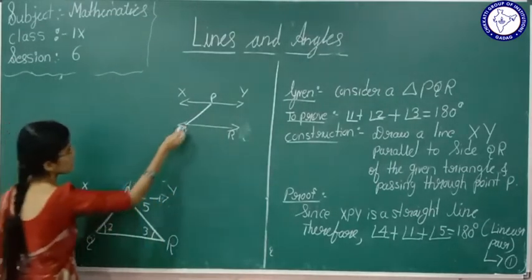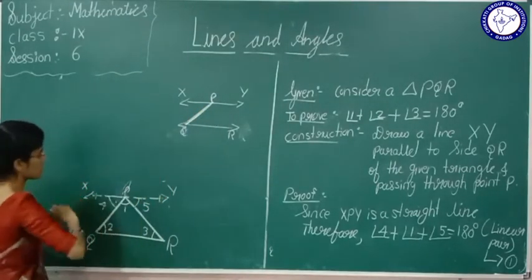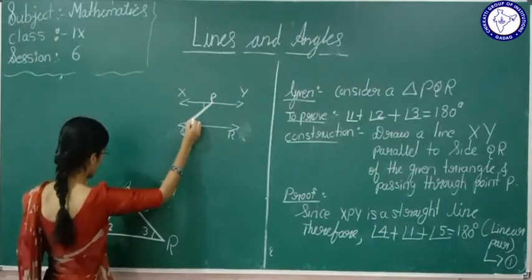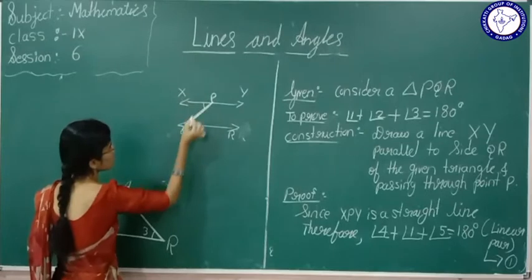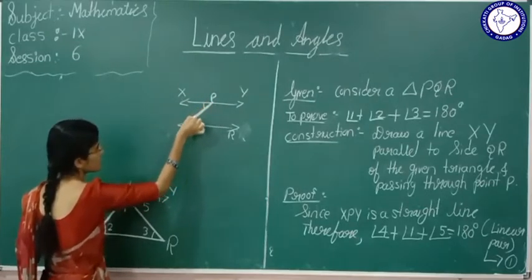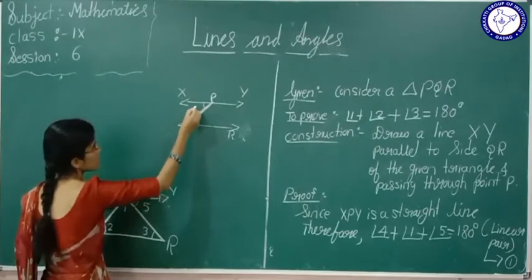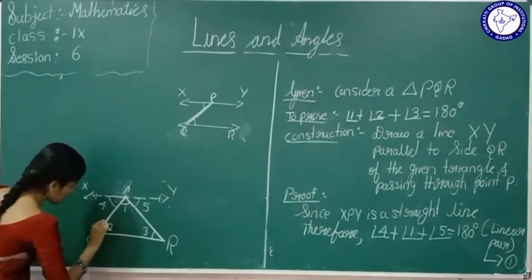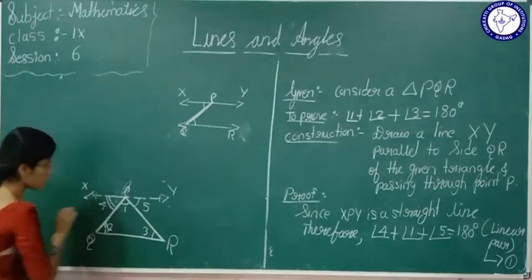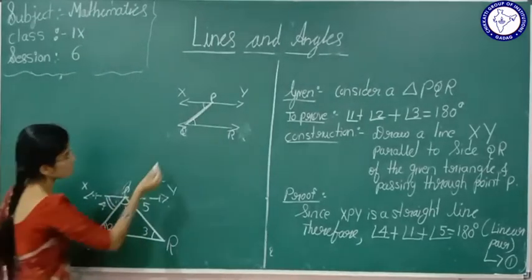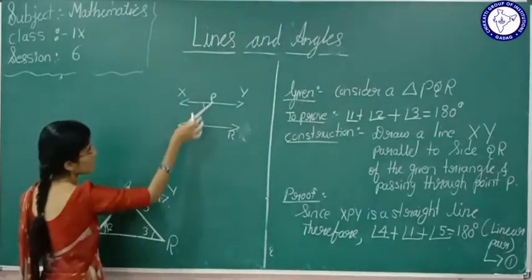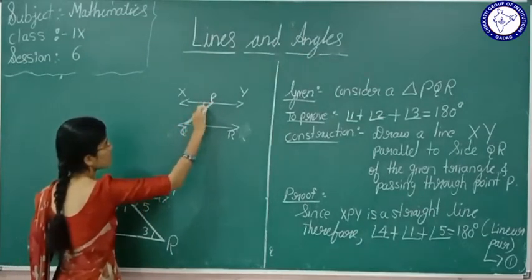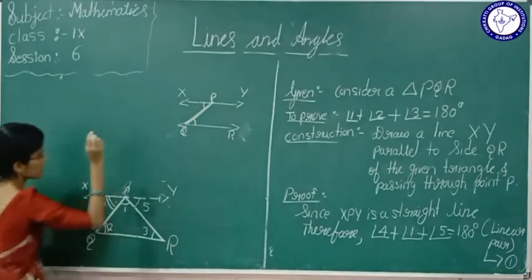Yes. Here QP is a transversal. So what we can tell about angle 4 and angle 2? If these two lines are parallel and here a transversal is there, means the alternate interior angles are equal. That is angle 2 is equal to angle 4. Yes or no? See here these two lines are parallel and this is a transversal. If this is a transversal means here alternate interior angles are equal.